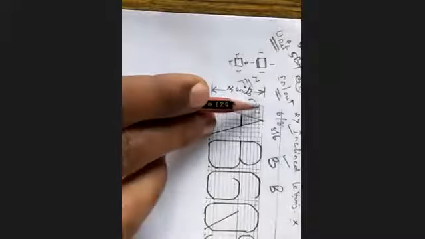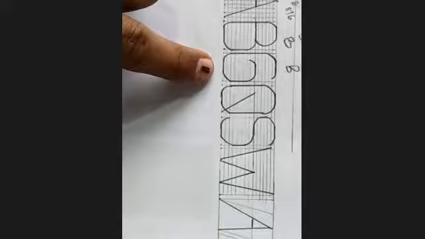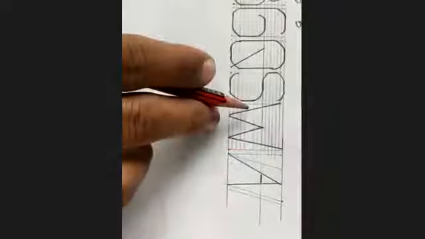Do we have to draw horizontal lines for all, sir? No, only for the first 4 letters: A, B, C, D. After that, you take only these 3 lines. The remaining are not needed. I drew these many lines only to show you.